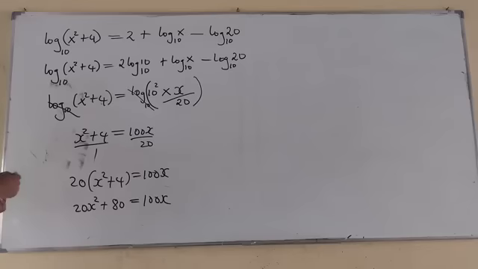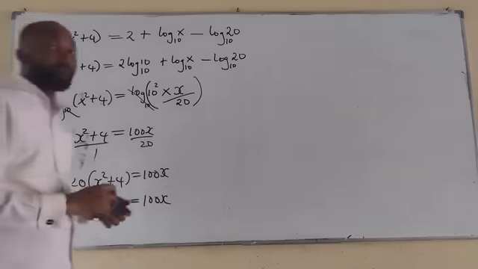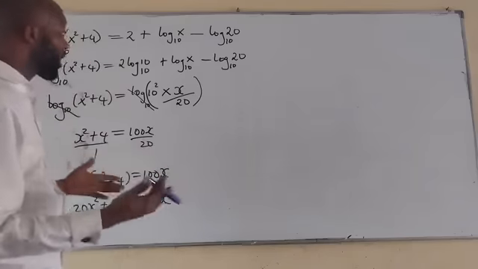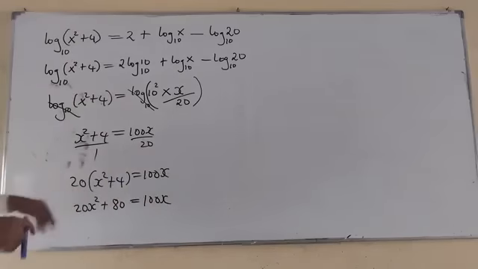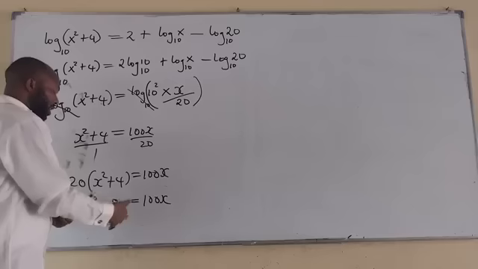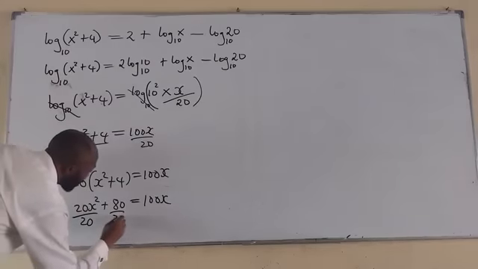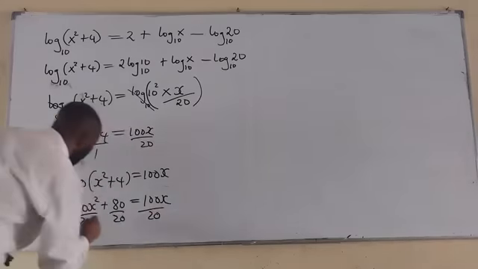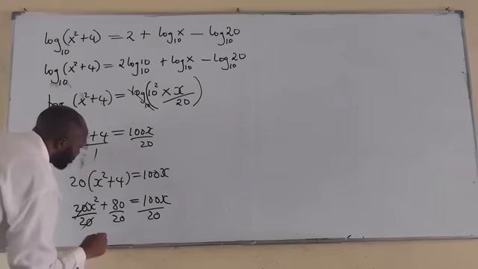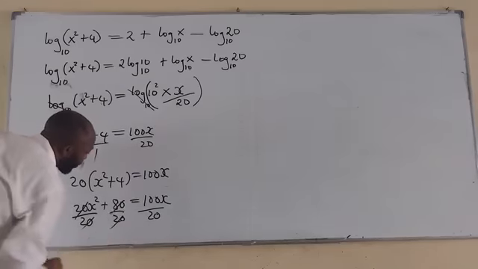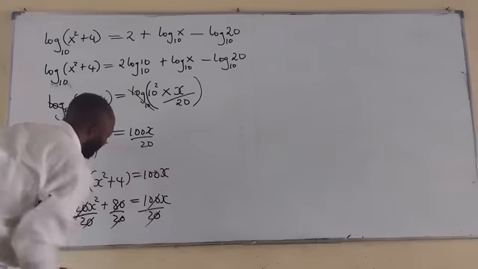if you see this equation very well, you see that we are entering quadratic equation because the power here is 2. But let me see how much I can reduce them. So this is over 20, over 20, over 20. So this goes 1, 4, 5.